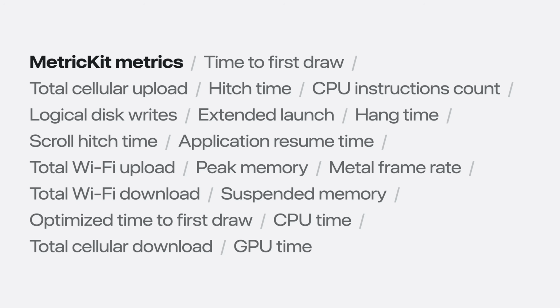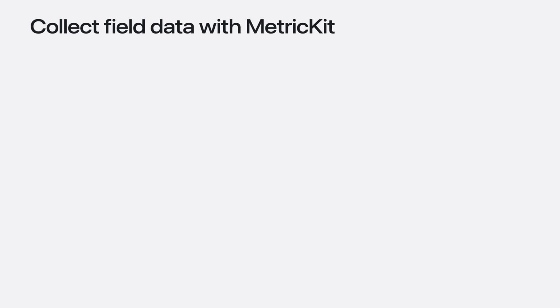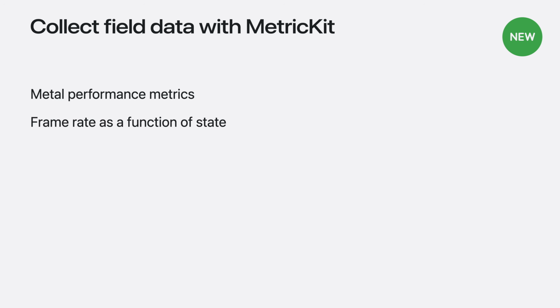The report includes metrics that measure the smoothness of your game and how hard it's using the device resources. In macOS and iOS 27, MetricKit exposes Metal frame rate information, along with a ton of other interesting performance and power metrics. It also provides Metal frame rate as a function of your state reporting states. The frame rate will be aggregated and grouped by state in your metric reports.